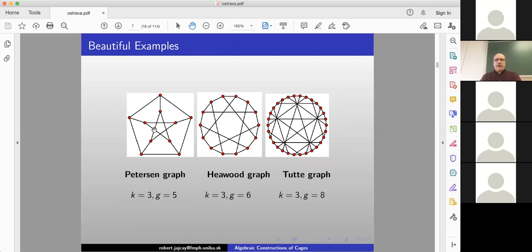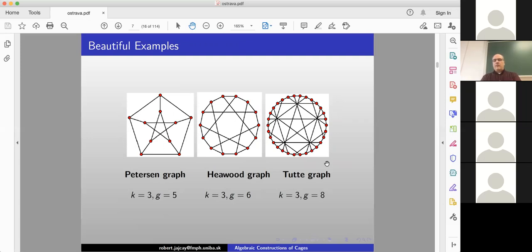There's the Petersen graph, where each vertex is of degree 3 and the length of the shortest cycle is 5. For instance, the outside cycle is 5. Of course, you should verify there is no shorter cycle, but trust me, there is not. The next example is the smallest graph in which each vertex is of degree 3 and the girth is 6. You will find a 6-cycle very easily, and you will not find a shorter cycle.